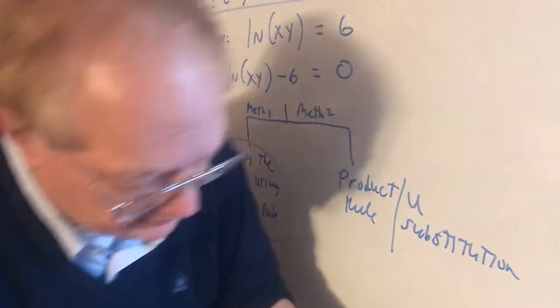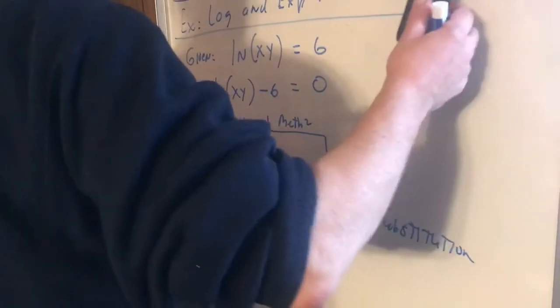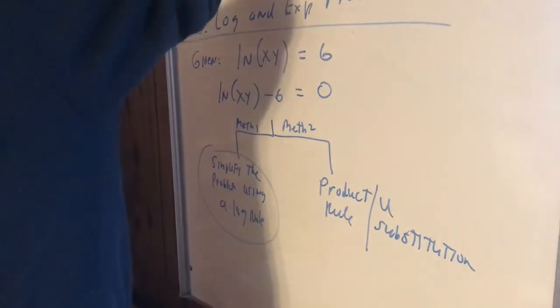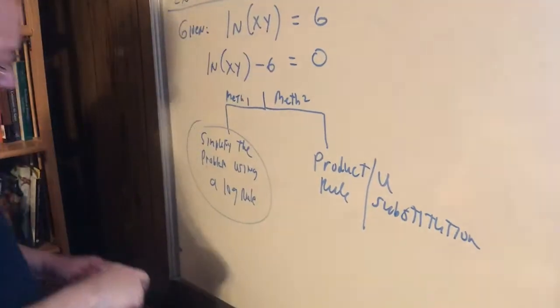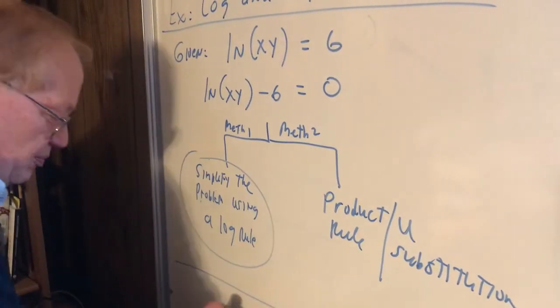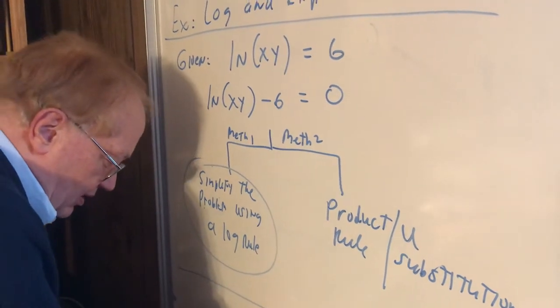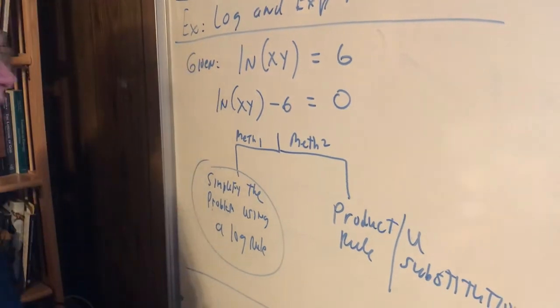Okay, so I want to simplify this by using a log rule. Now what I'm going to do, I'm going to put this problem on the bottom here, so I don't have to go back and search my notes. This is the problem that I had you do.